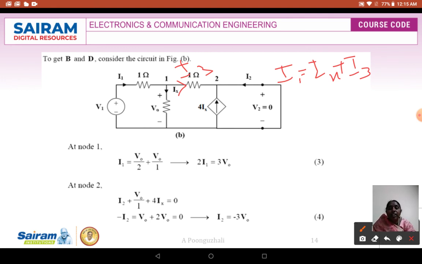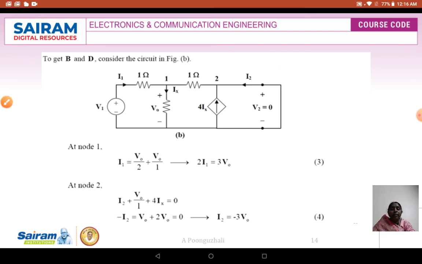So you can write I2 plus V0 by 1, since this side is nothing but V0 minus V2, where this is V0 and this is V2. Anyway, V2 is 0, so we write V0 by 1 plus 4 into Ix. This is your current source. Simplify it, and we get I2 is equal to minus 3V0. From this we can find out your transmission parameters.